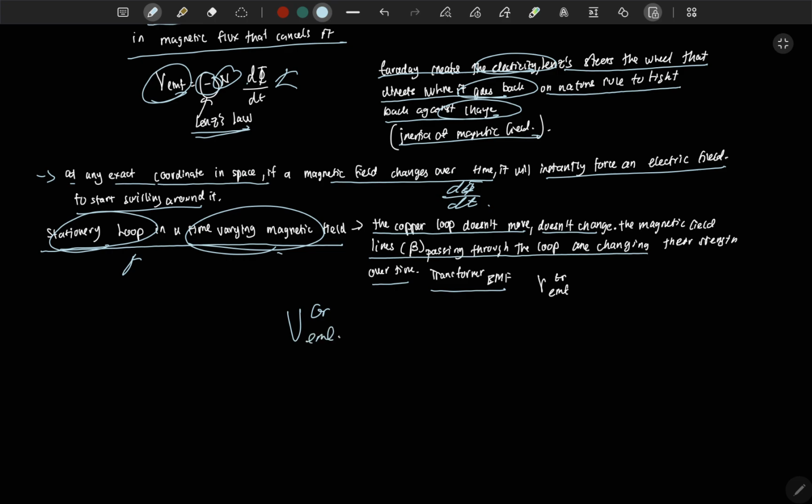Okay, now we have a question that we can try. This question says an inductor is formed by winding N turns of a thin conducting wire into a circular loop of radius A. The inductor loop is in the XY plane, connected to a resistor R. The presence of a magnetic field is given, where omega is the angular frequency.